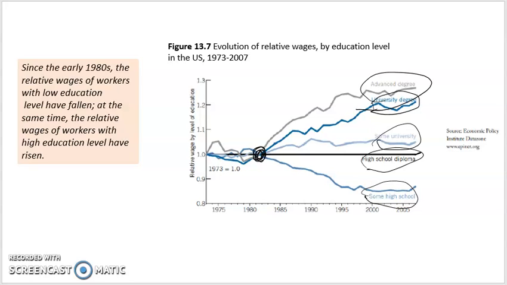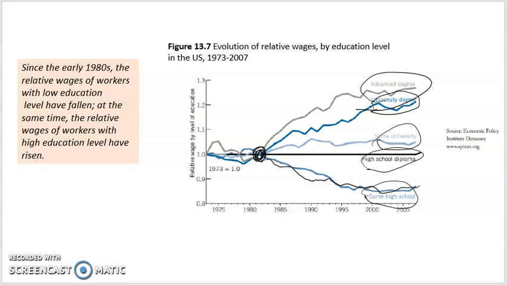This figure yields a very striking conclusion. If you look closely, starting around the early 1980s, workers with low levels of education have seen their relative wage fall steadily over time, while workers with high levels of education have seen their relative wage rise steadily.